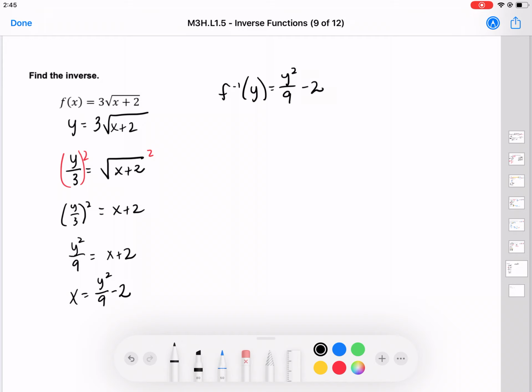Now, technically, I just want to make sure we're aware of this. Technically, we would have to state a domain restriction in this problem because it started out with a square root. So we actually only have half of the quadratic in the end, if these are truly inverses.